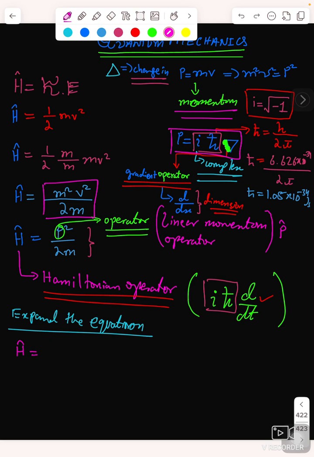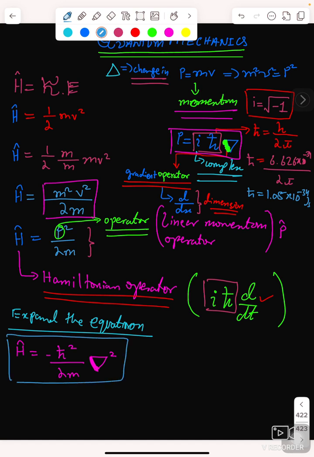So now we are replacing p. We'll write H is minus h bar square over 2m, because of the square we are getting it. This is the expanded, one more way to write the Hamiltonian equation, still not the full version.